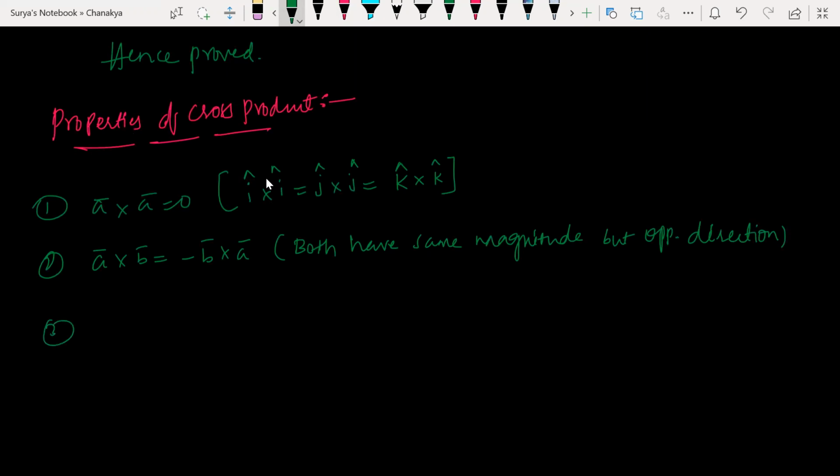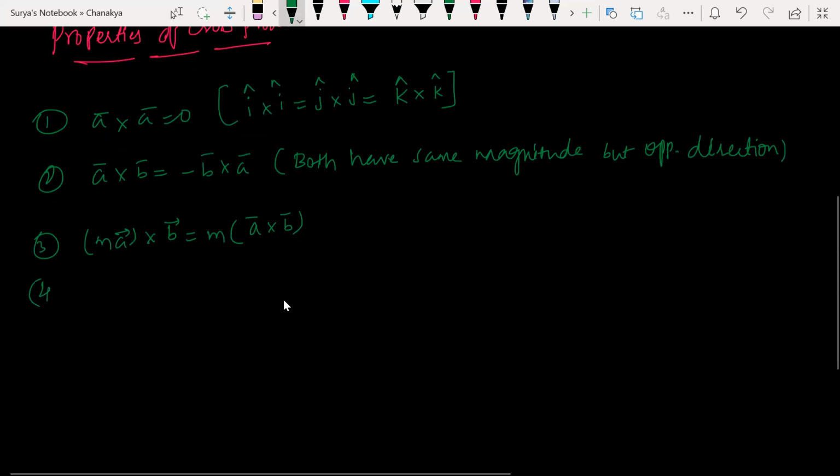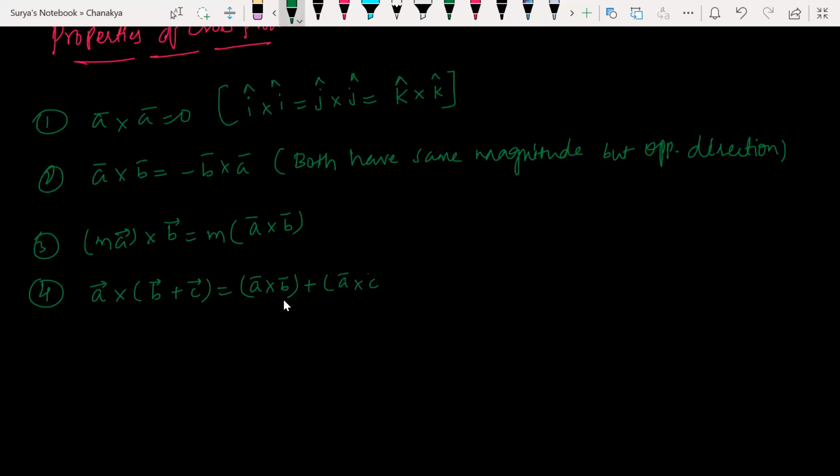Now the third property which I can write is A cross B plus C. And then you can say A cross A is equal to 0.